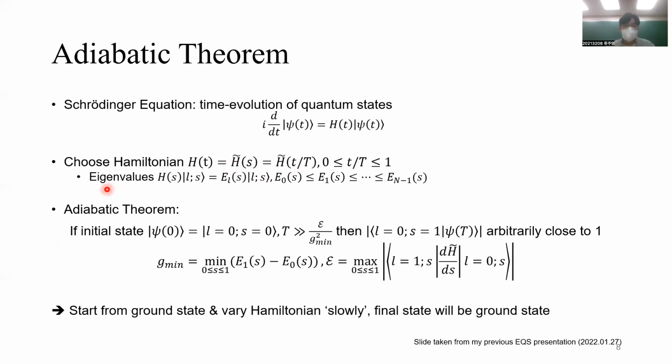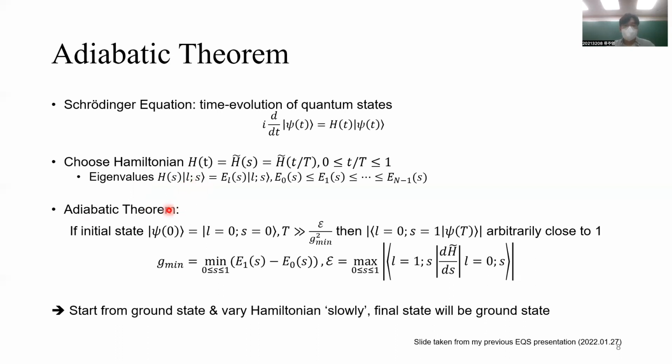Then the eigenvalues will change over time because the Hamiltonian changes over time. Here, if L is 0, then that is the ground state, and if L is 1, then that is the excited state. But the state will change depending on time because the Hamiltonian changes depending on time.